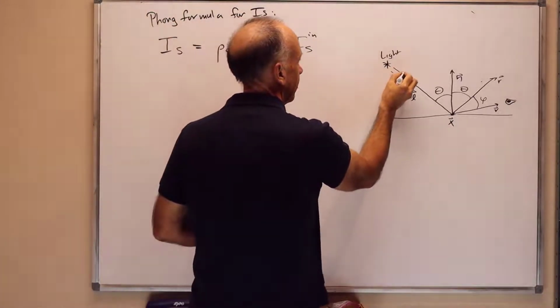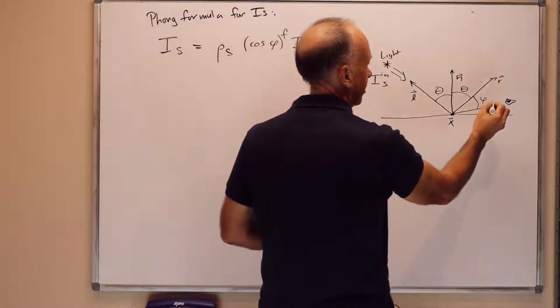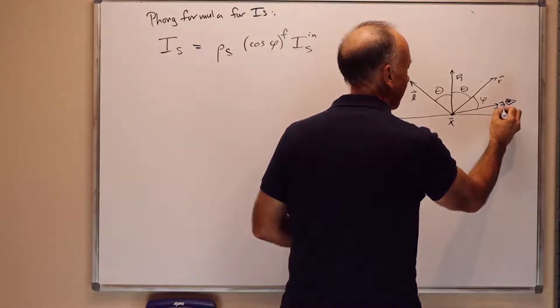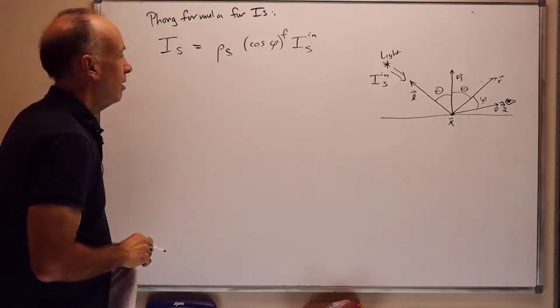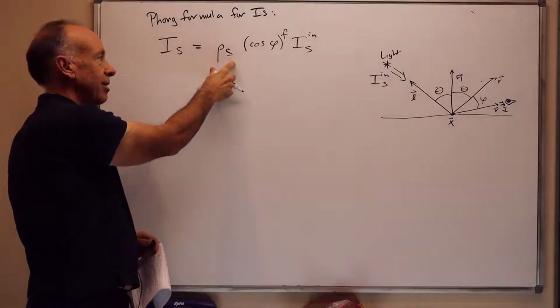So this is the incoming light, I_in,S. I is the light heading towards the eye. And the specular reflectivity is the fraction of incoming specular light that's reflected.